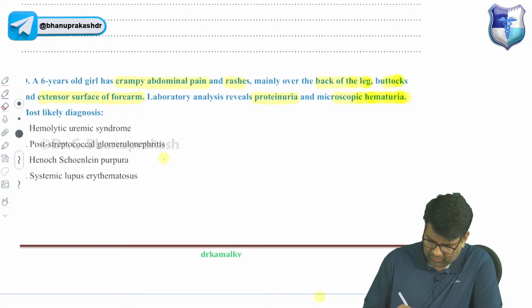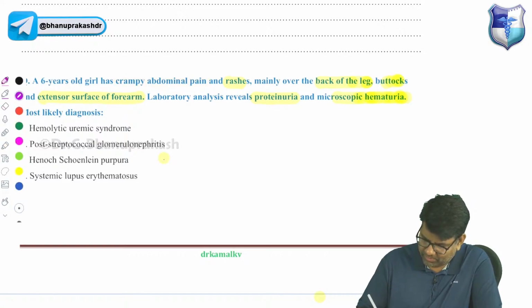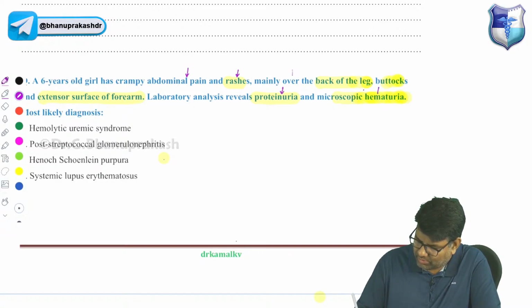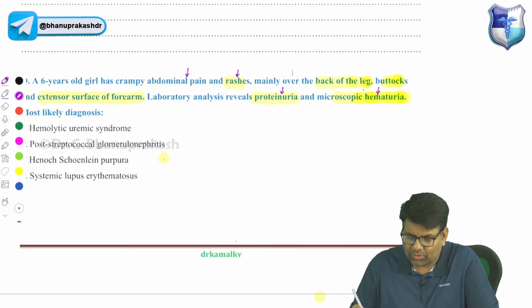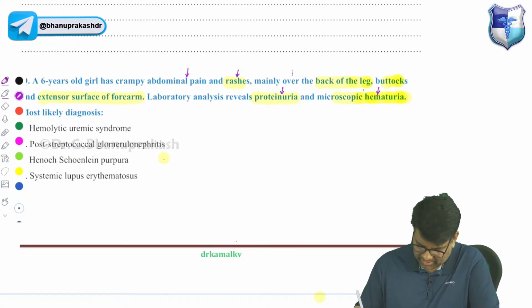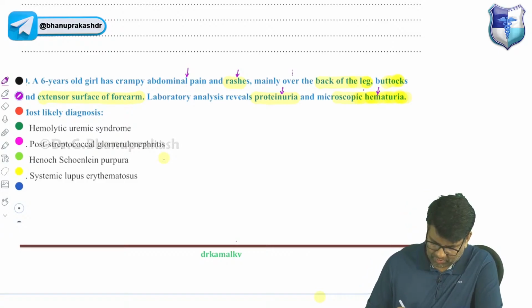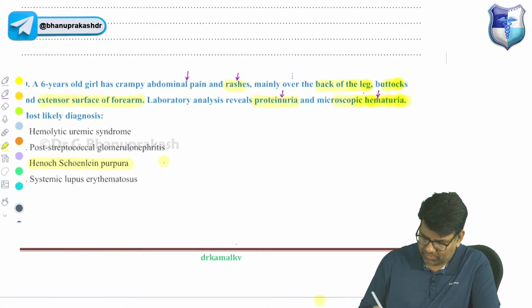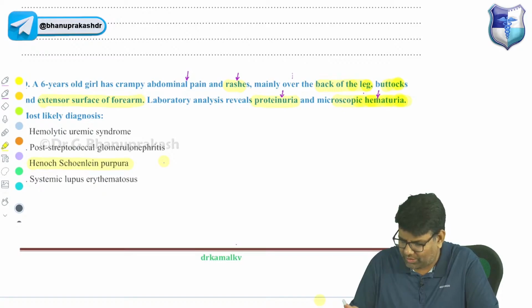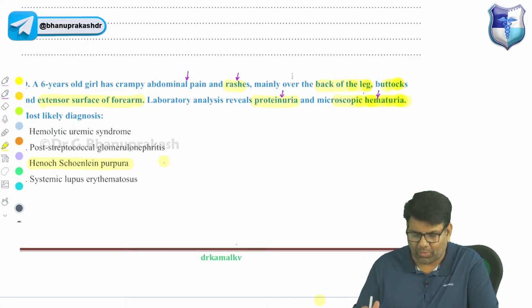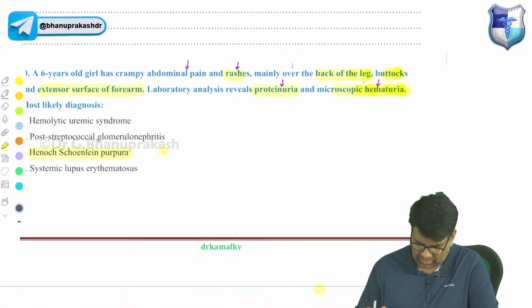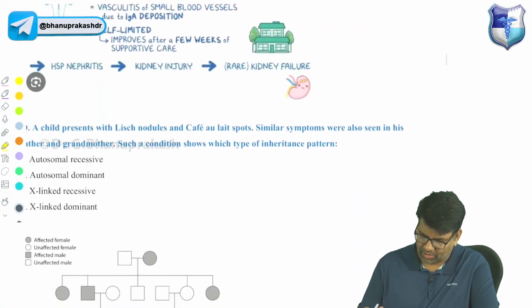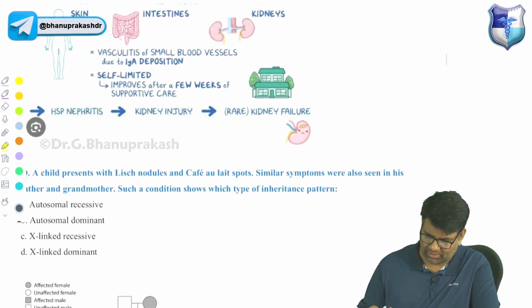So here you have to consider two important points: one is abdominal pain and rashes, and then there is proteinuria with hematuria. So yes, this is small vessel vasculitis, and this is Henoch-Schönlein purpura. Abdominal pain, rashes especially involving the lower limbs, and proteinuria with microscopic hematuria: Henoch-Schönlein purpura, small vessel vasculitis.